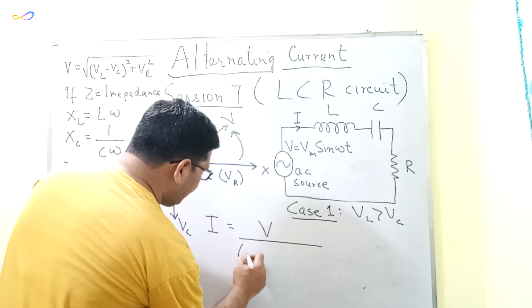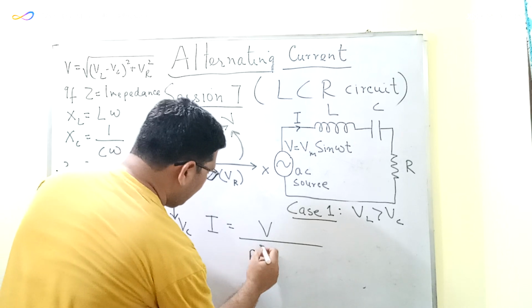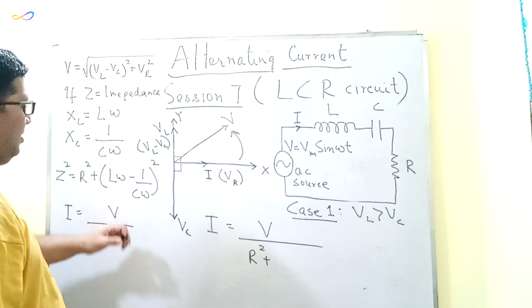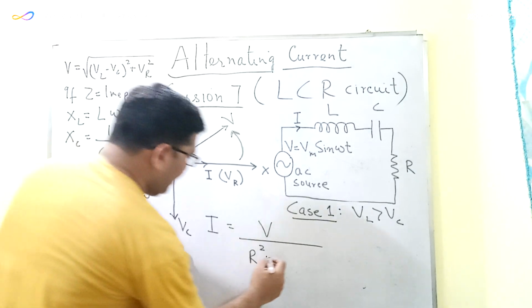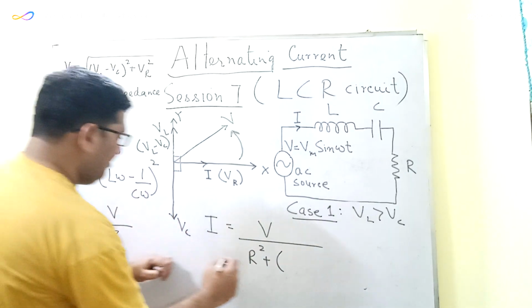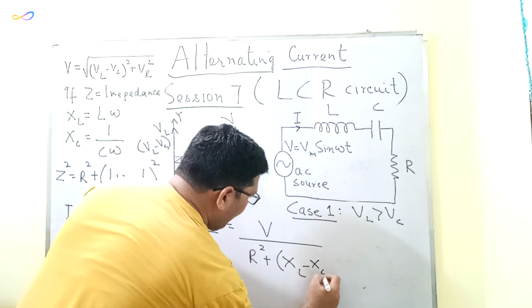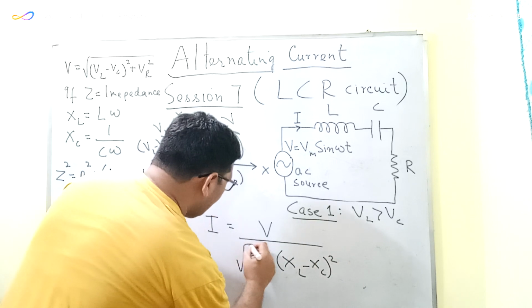Z is equal to the square root of R square plus XL minus XC whole square.